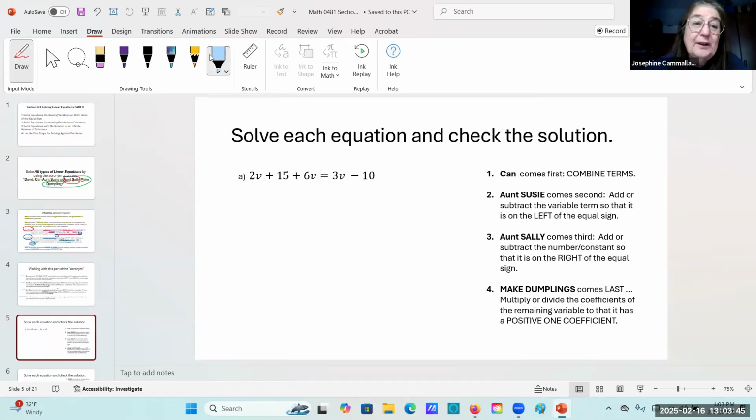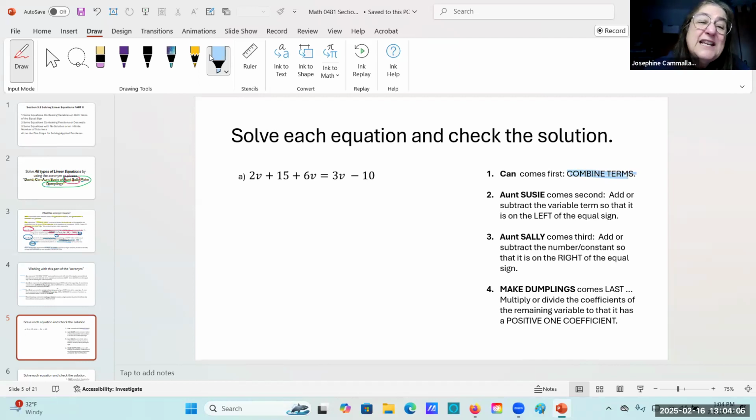Now, my equation is 2v plus 15 plus 3v equals 3v minus 10. Okay, this is how the acronym works. Can. Okay, combine terms.